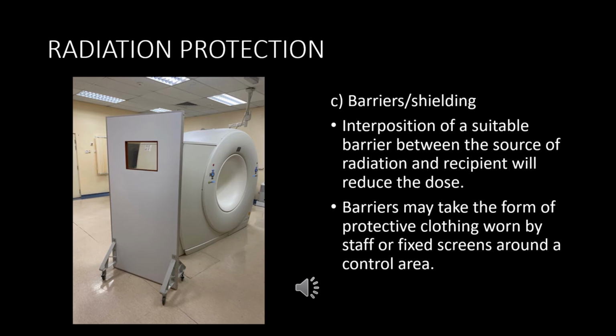The image on the left is of the CT scan in our Sungai Buloh campus with an appropriate shield, which is usually made of lead. They also can use a lead gown with a thyroid shield and protective goggles.